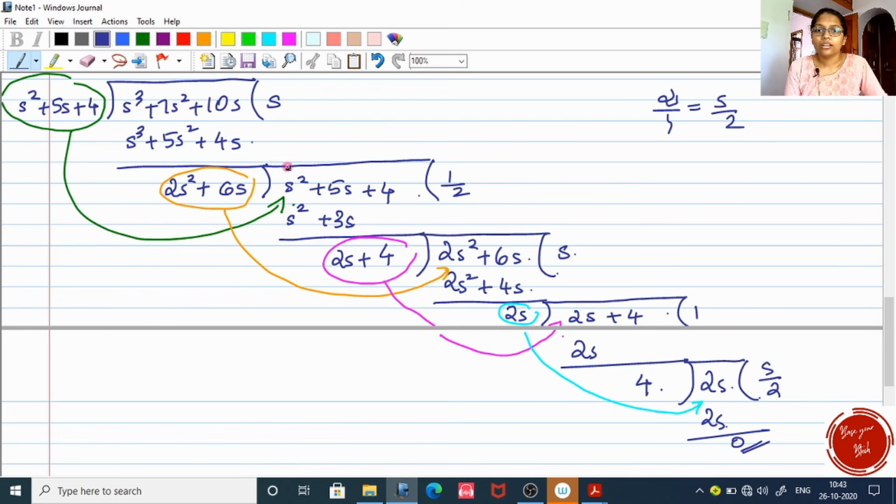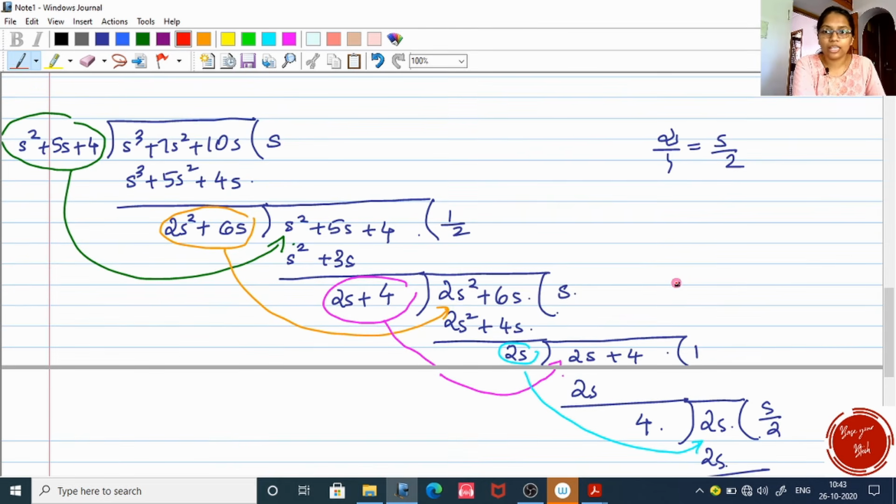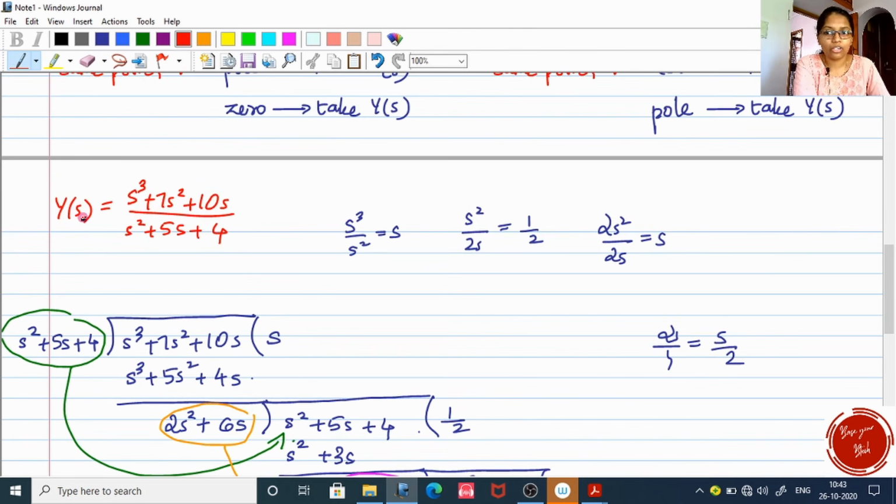And you can see that many quotients come out from each division, isn't it? So we have to actually make use of these quotients. From where did we start? We started from y of s, isn't it?